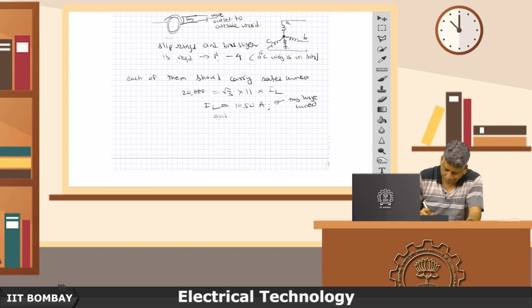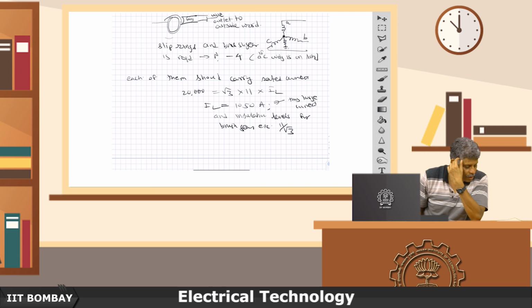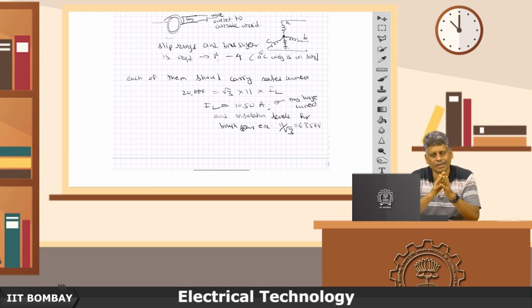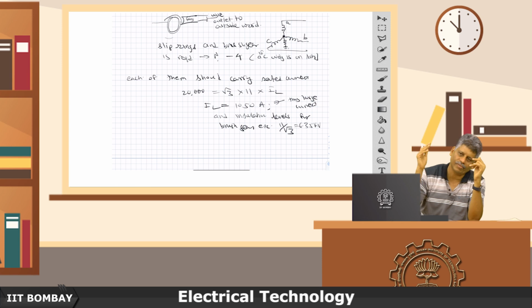and insulation levels for brush gear etc., everything should correspond to 11 by root 3, which is around 6.35 kilovolts, because the rest of the world, including the external box and everything in which the alternator is housed, is going to be at the ground potential.